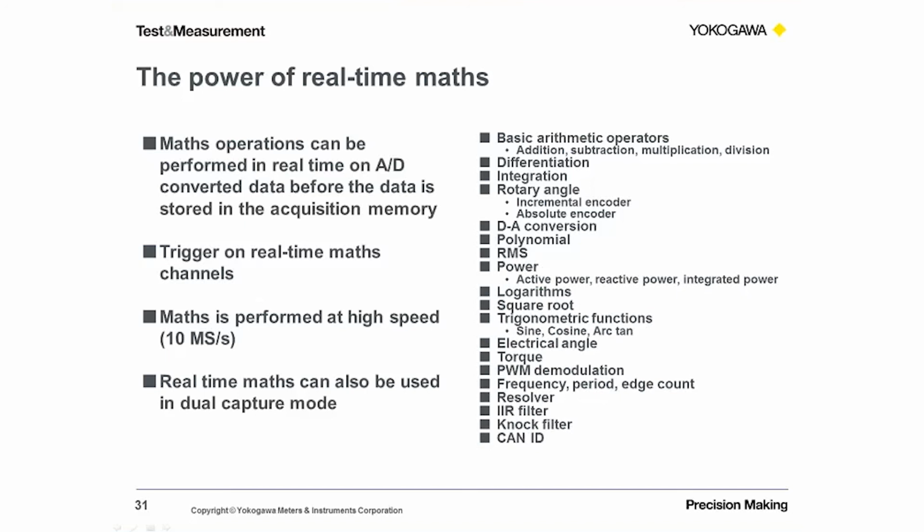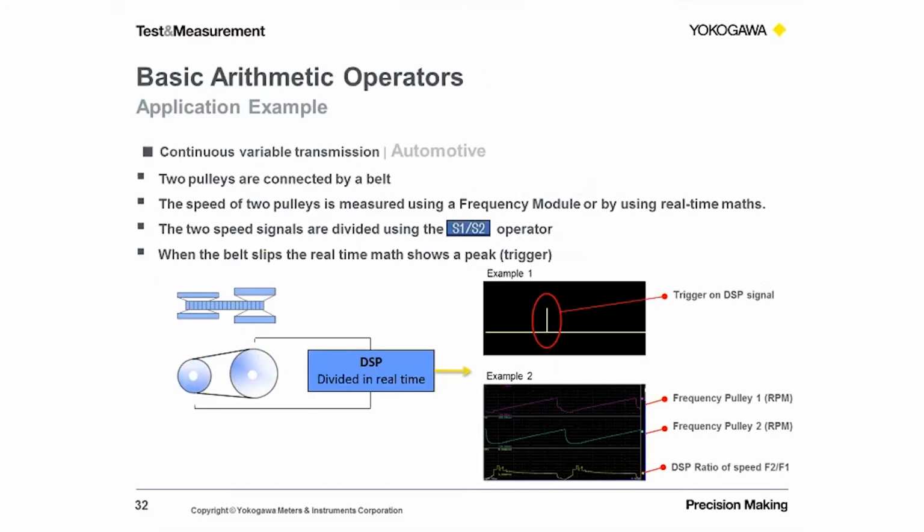A nice easy one, actually, is this one. It is just using a very, very simple operator. In this case, we're just dividing one channel by another. But in this case, we're using this as a sort of automotive application where we have a continuous variable transmission. Two pulleys connected by a belt. Normally they're running at the same speed, so you would expect if you were doing a division, you'd have no output.